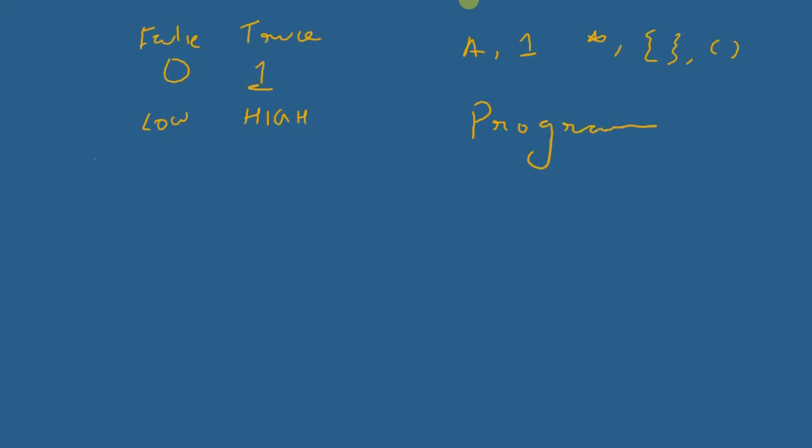which on compilation gives a sequence of zeros, ones, etc. This is the equivalent representation of the program we wrote.